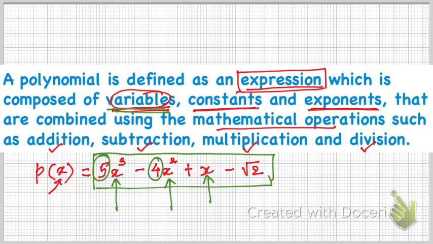These are the constant terms. So this 5, 4 and here 1, and minus root 2 as well, all these are constant terms. This 4 is a constant, this 5 is also a constant, and here this x is a variable, this x square, and this x, not x cube, this x are the variable terms.